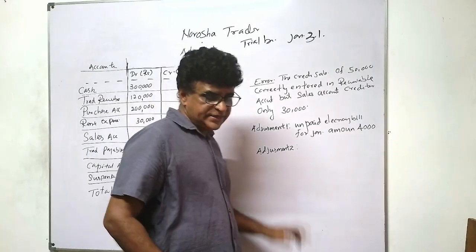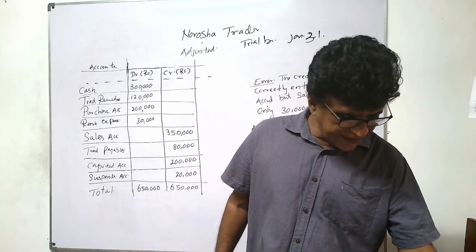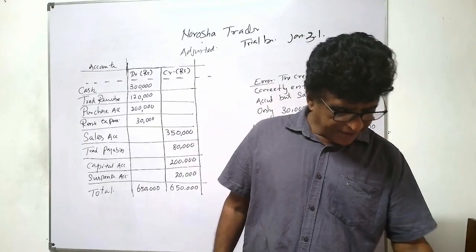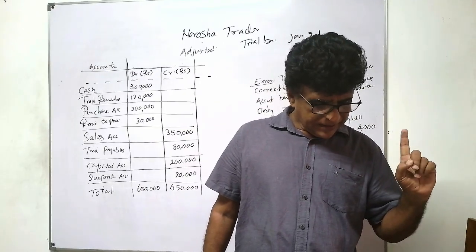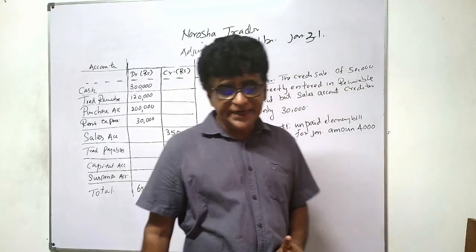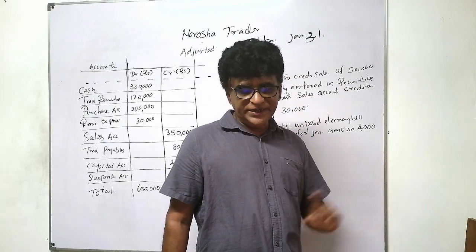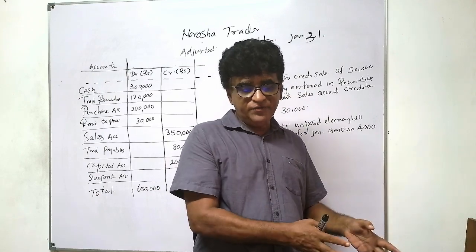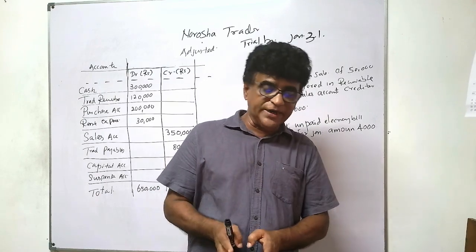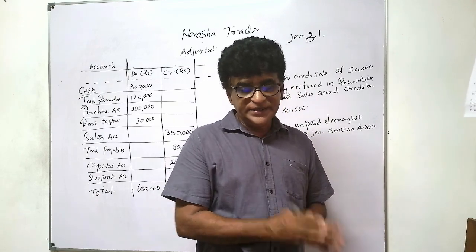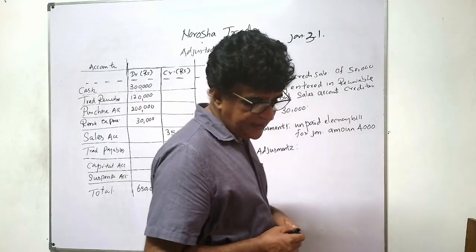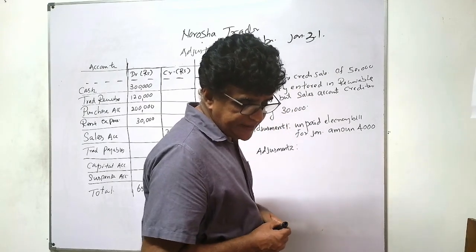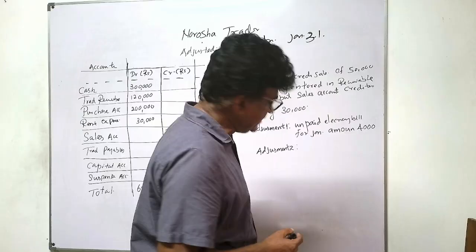But in this 30,000 rupees, we have paid, but 6,000 pertains to February. Now 6,000 of this 30,000 is relevant to February. Then we have to enter that 6,000 in the February account, not in the January account. This is another adjustment, right? Prepaid expense, that is out of the rent.